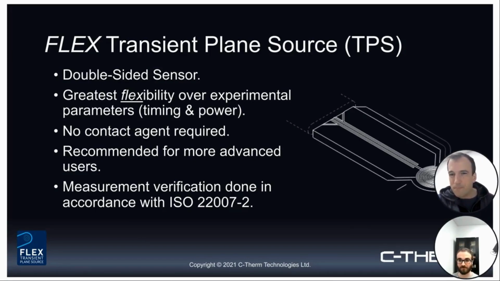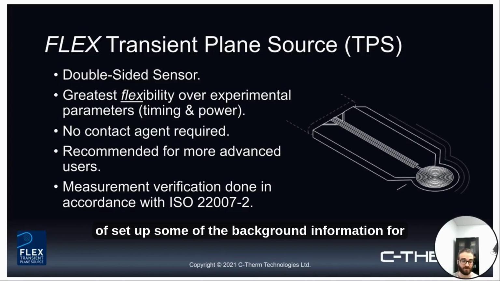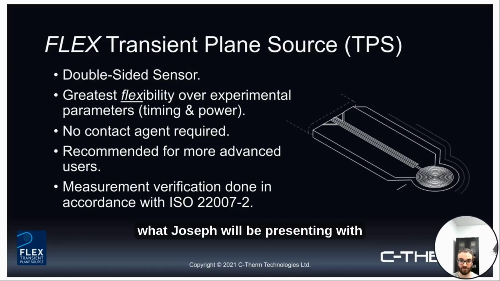Awesome. Thanks, Adam. Hello, everyone. So as was mentioned, just going to do a little overview on the TPS method at a high level to kind of set up some of the background information for what Joseph will be presenting with some of the content in his section.